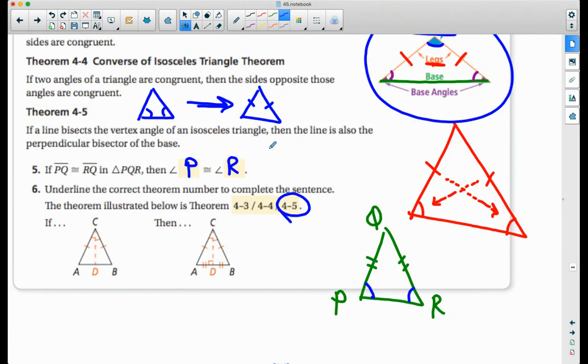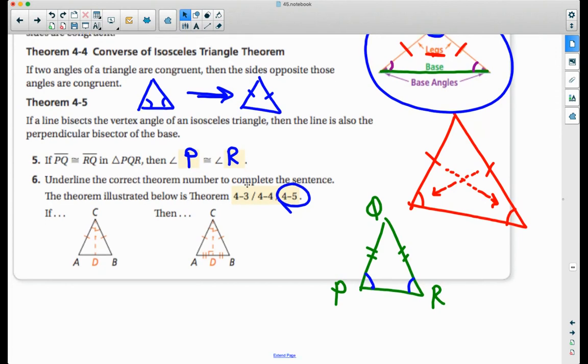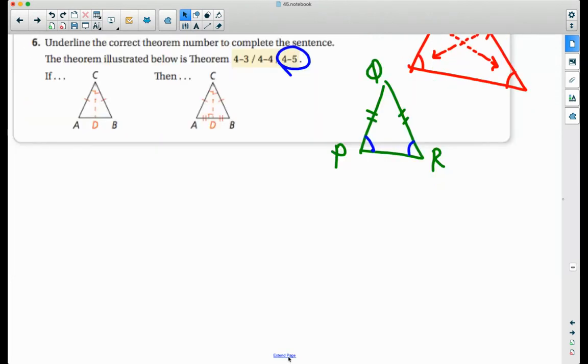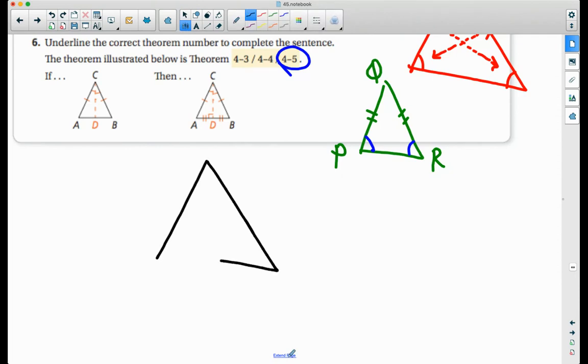So what it says is that if we bisect the vertex angle of an isosceles triangle, so this is an isosceles triangle, and I bisect the vertex angle. So those two angles are congruent right there. Then it's also going to perpendicularly bisect the base. All right. So I'm going to know a whole bunch of congruent pieces. That's what that theorem says.